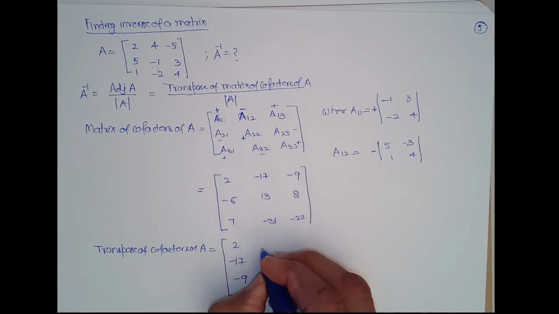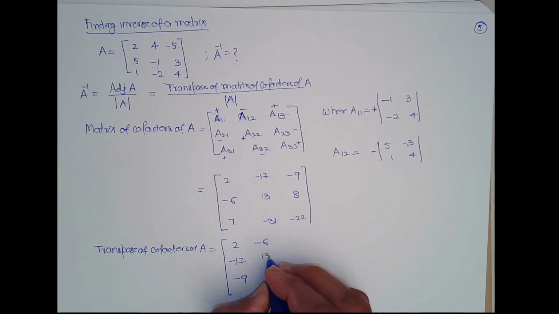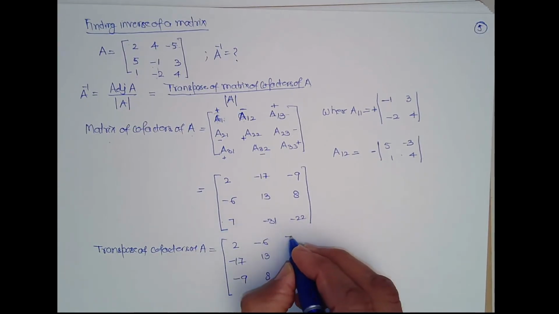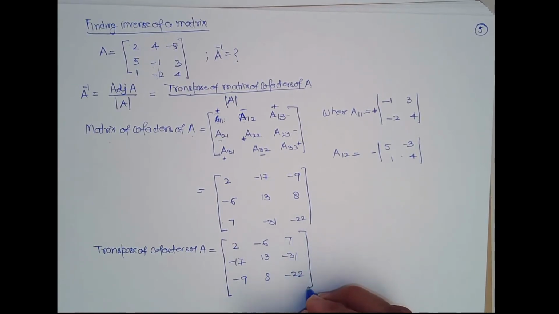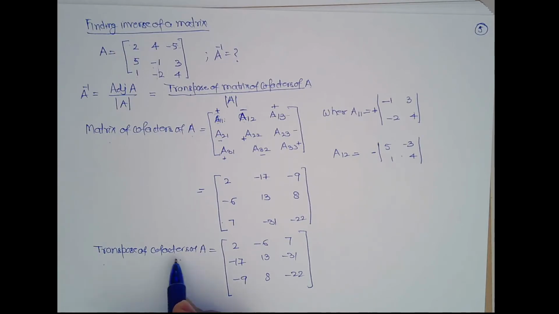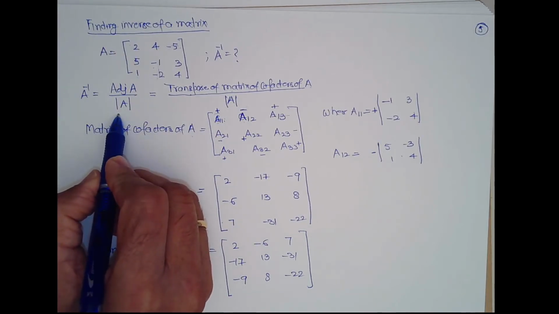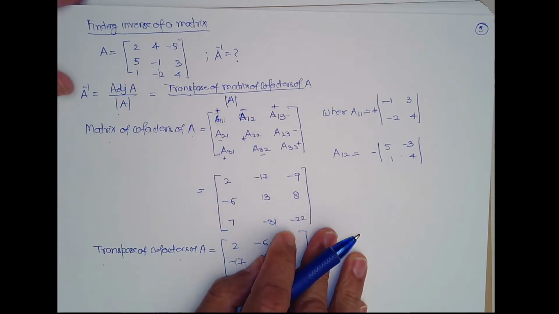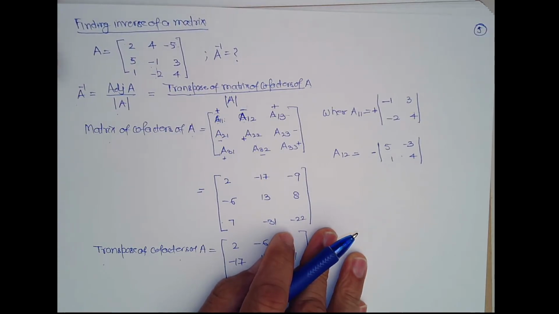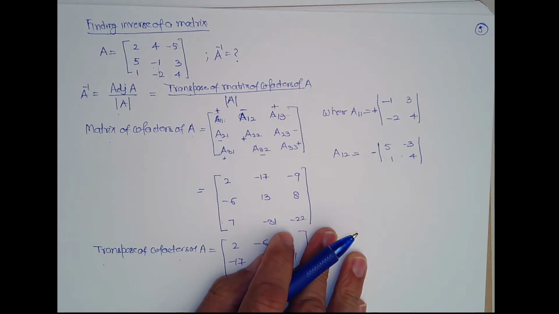The second row becomes the second column: -6, 13, 8. Third row: 7, -31, -22. So the transpose of cofactors of A divided by the determinant of A will give A inverse. This is the procedure of finding the inverse of the matrix, which I discussed briefly to you.